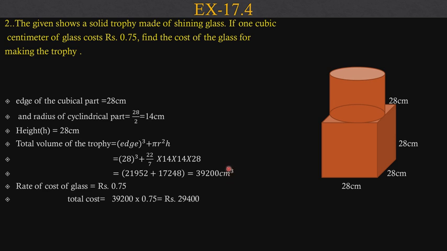Now we know that the cost of 1 cubic centimeter is 0.75. So the total cost of the glass for making the trophy will be 39,200, which is the volume of the entire trophy, into the price of each cubic centimeter of glass, 0.75. So it comes to rupees 29,400.